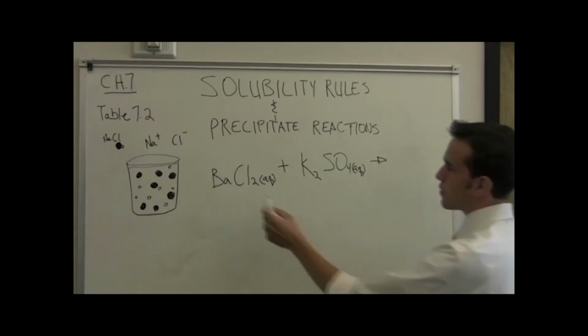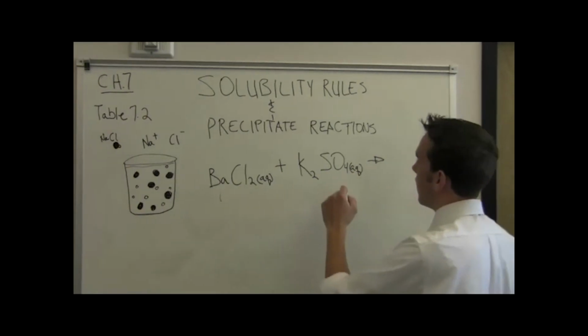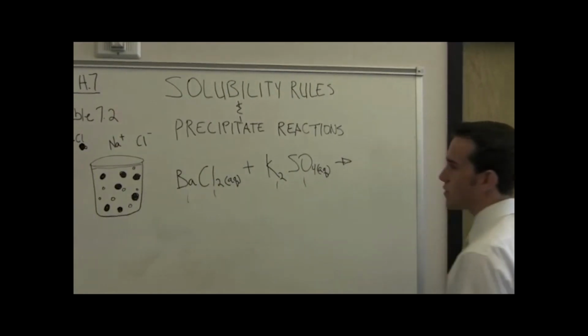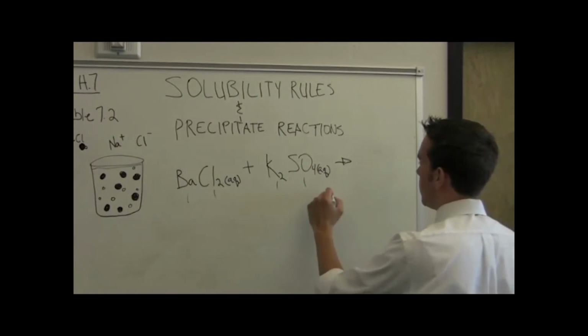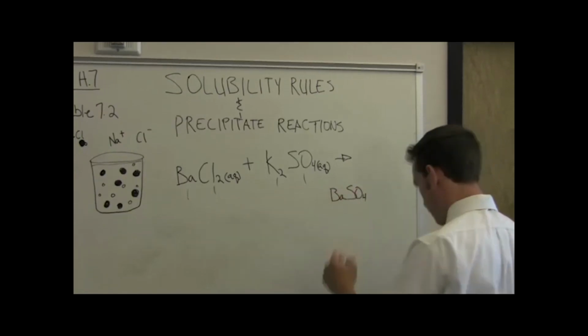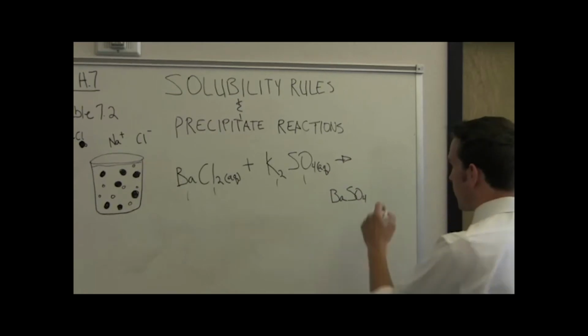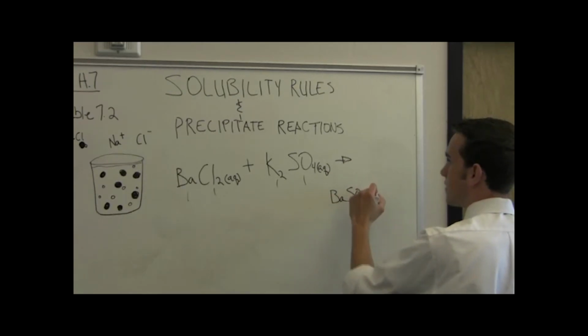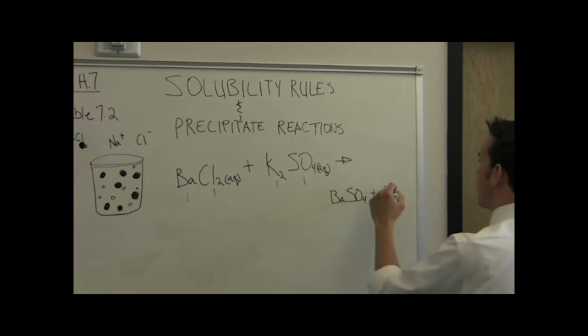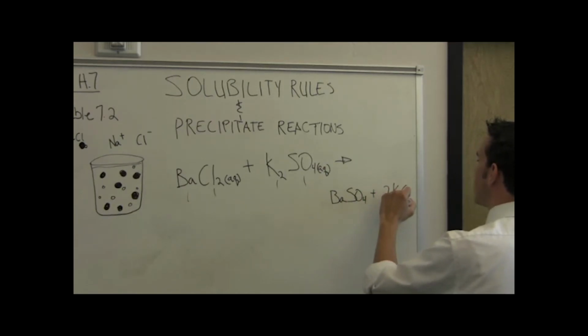Again, we'll just switch partners: the metal and the nonmetal, and then the metal and the nonmetal. And so our products will be BaSO4 as well as, to balance the equation, 2 KCl.